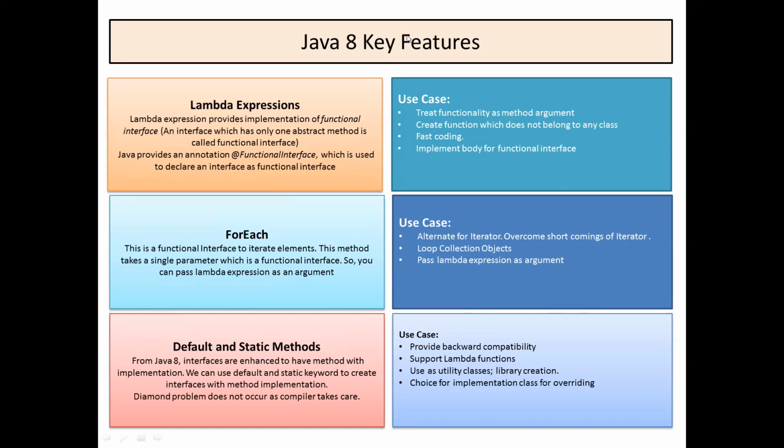In that case, your runtime will not know which method of the parent class to call. So there could be a duplication. So to avoid that, Java was not providing a way to write a method body within an interface.